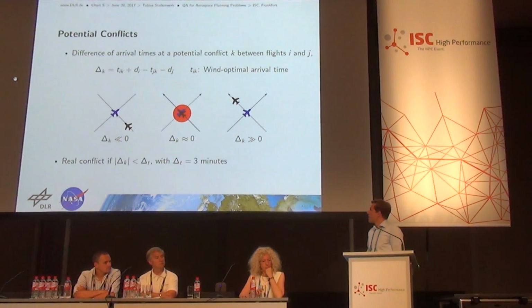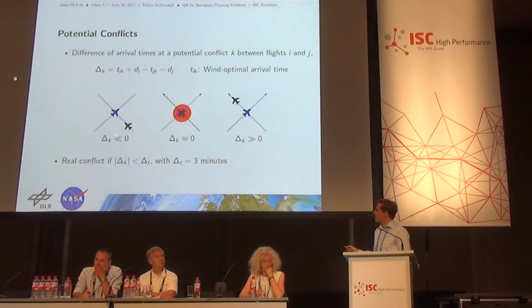Now we have to look at the possible conflicts. You can imagine you have 2 trajectories of 2 flights intersecting each other. But whether they are really in conflict depends on the arrival times of these 2 flights. This delta k here is the difference in the arrival times of these 2 flights.